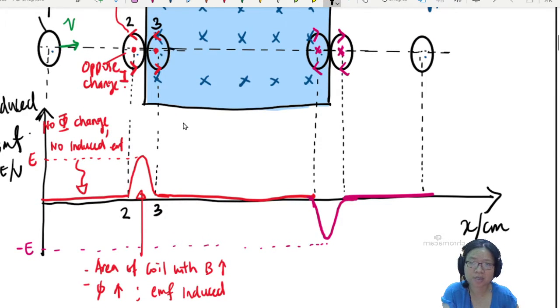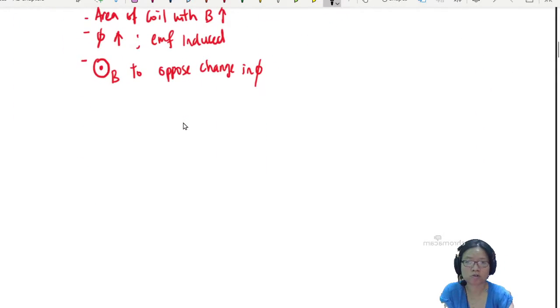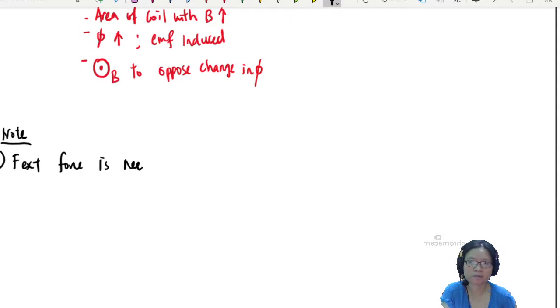So here to here, I'm just going to draw from here to here. An external force is needed to maintain constant velocity. All right. So I'll write this part here. Note 1. The external force is needed at both position 2 to 3.